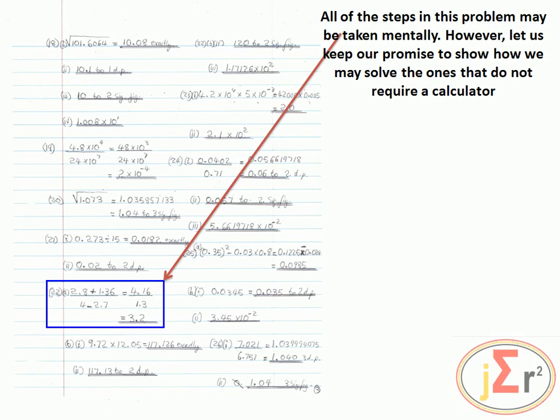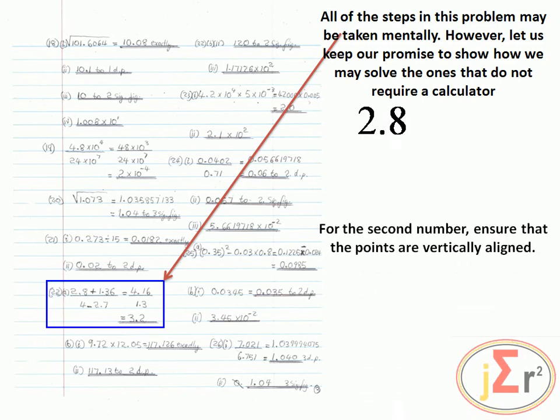That is the case. Therefore, we will proceed without the use of the calculator. All of the steps in this problem may be taken mentally, but we will show how each one of them is to be taken.